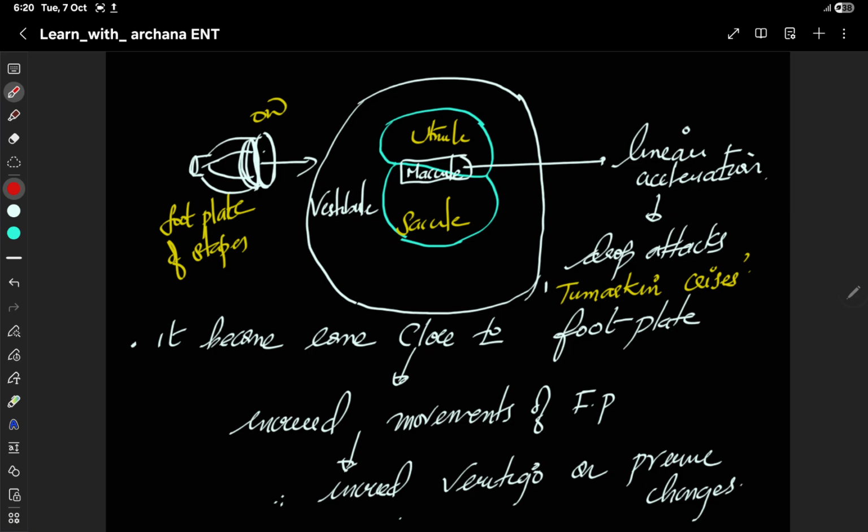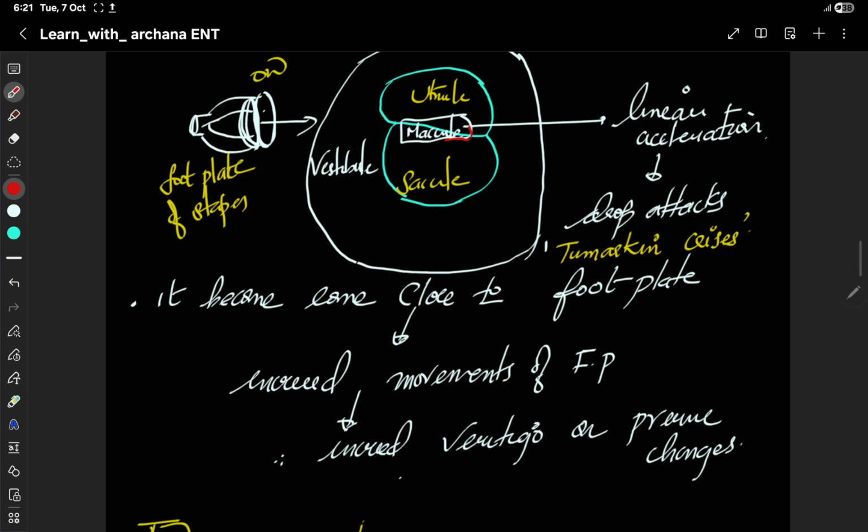When there is an increase in the secretions, there will be increased bulging of these structures into the oval window, and there will be increased sensations here. The macule is related to linear acceleration. So whenever there is increased movement of the footplate of the stapes, the patient feels increased vertigo on pressure changes. That is what is actually happening.